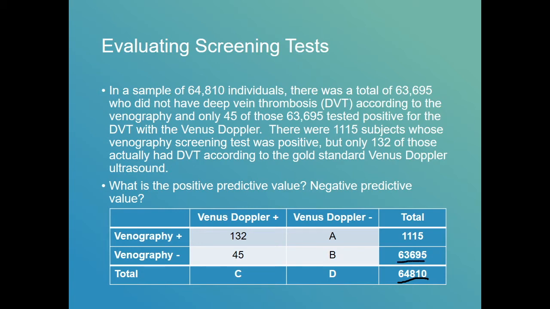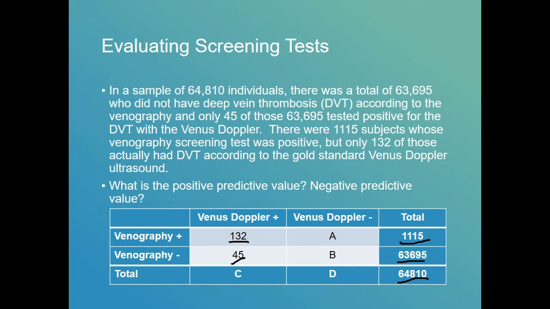And 45 of those people did test positive with a venous Doppler, so that would go there. With a positive venography and a positive venous Doppler there were 132 people, and a total of 1,115 had the positive venography test.